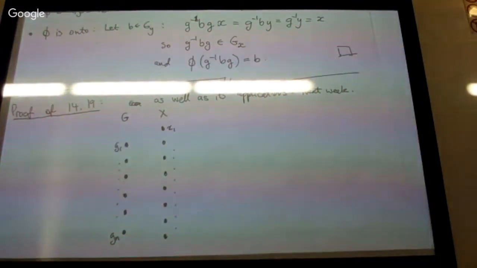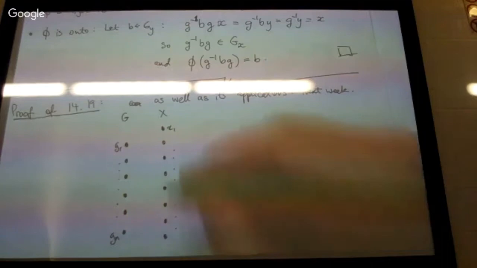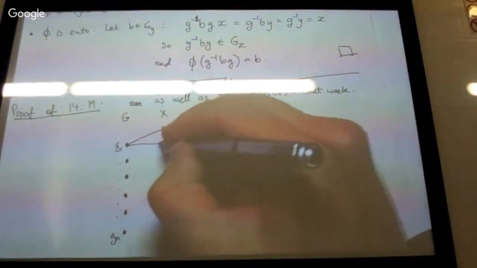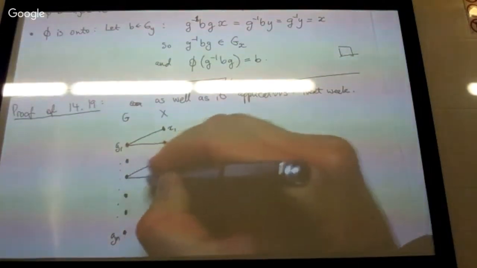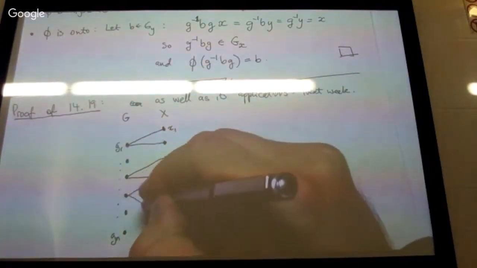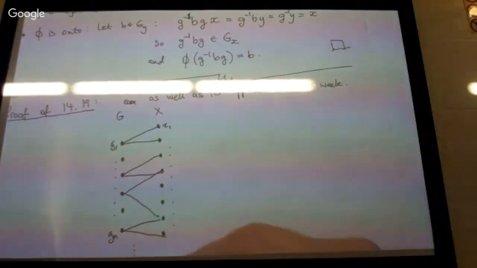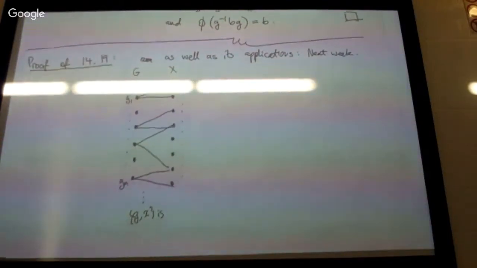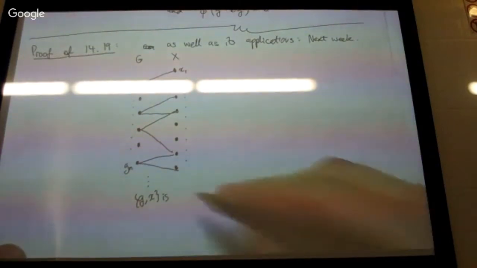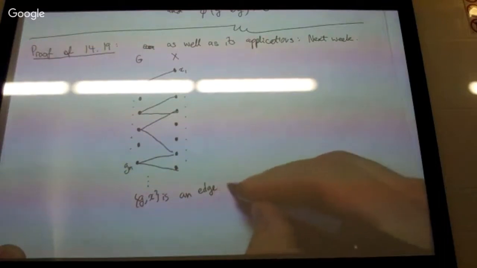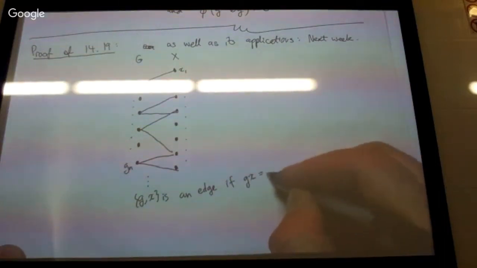Now, what I'm going to do is put an edge between g and x. So gx is an edge if gx is x.